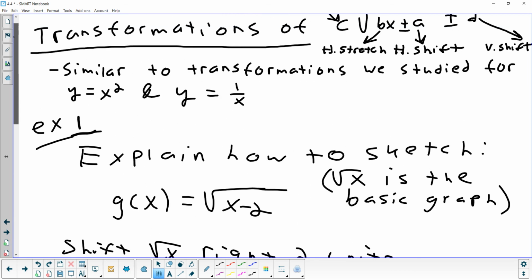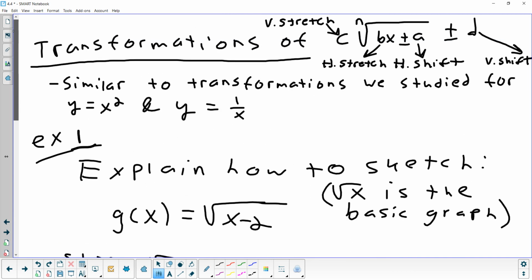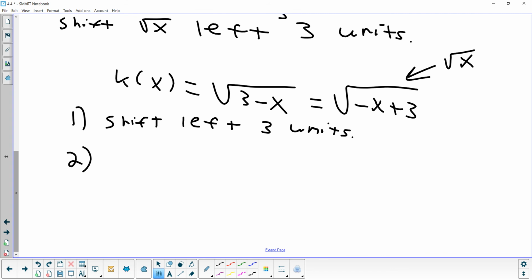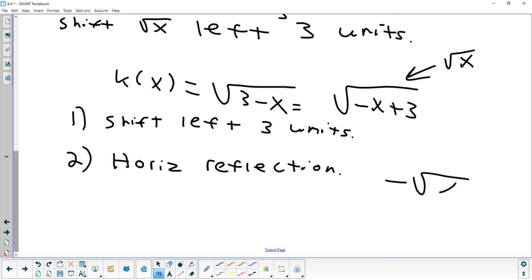Think about what kind of transformation B is. Is B a vertical type of transformation? No, it's a horizontal. Yeah, it's a horizontal. So that negative is a horizontal reflection. A vertical reflection would be if you had something like that. If you put the negative in front.